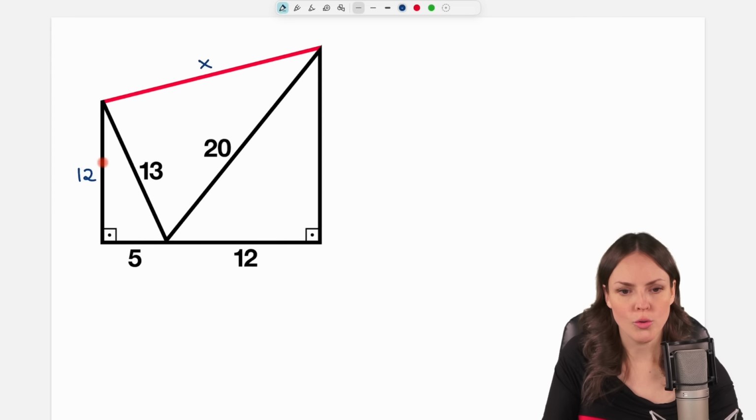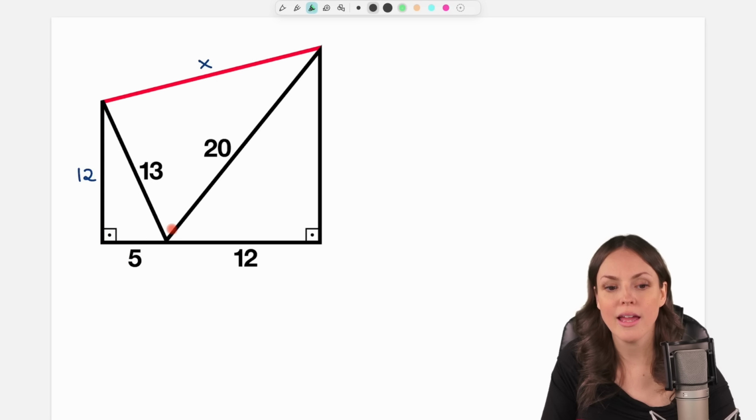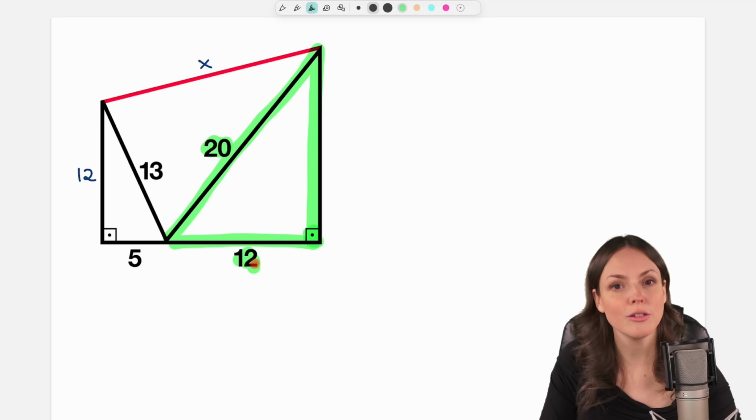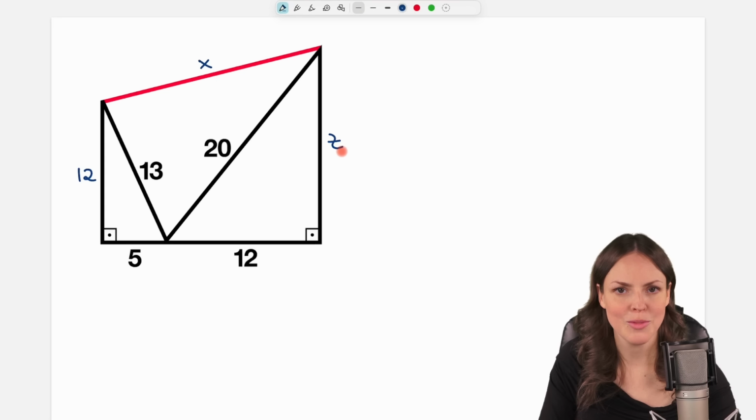Okay, so we know now the length of this side here, and on the other side here, we also have a right triangle. We know the length of this side and of this side, so we can use the Pythagorean theorem again to find the length of this third side. I call it z, and we do the exact same thing.